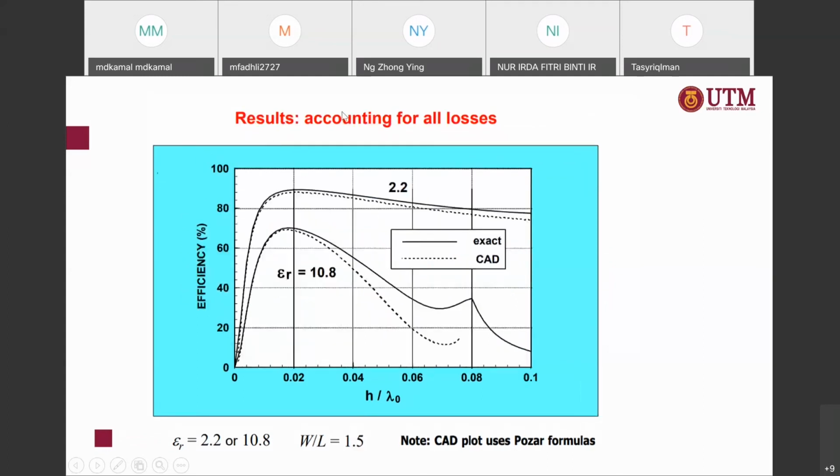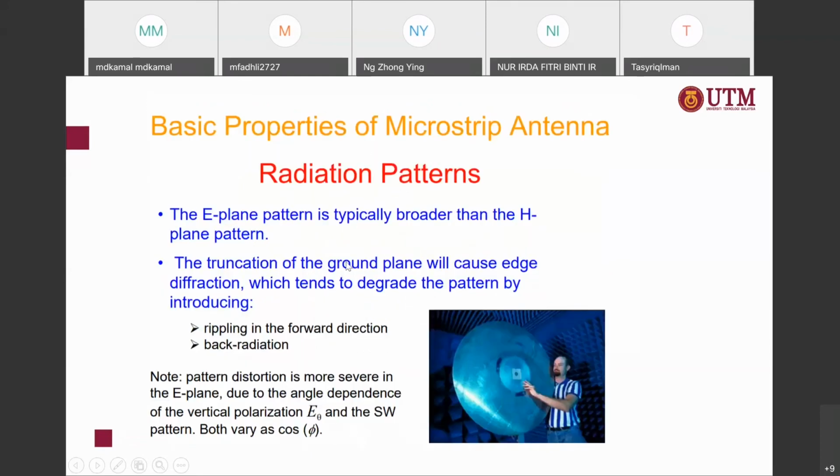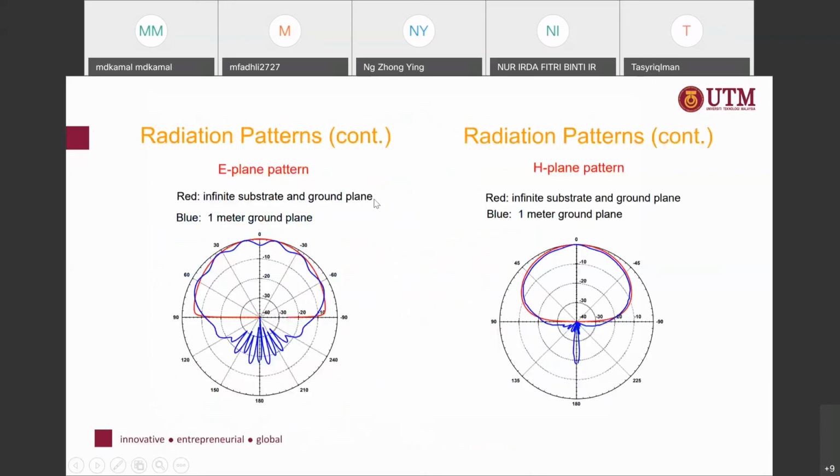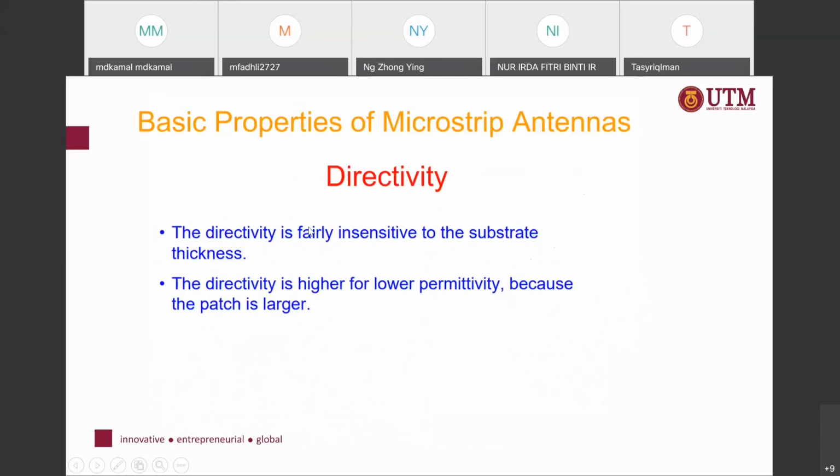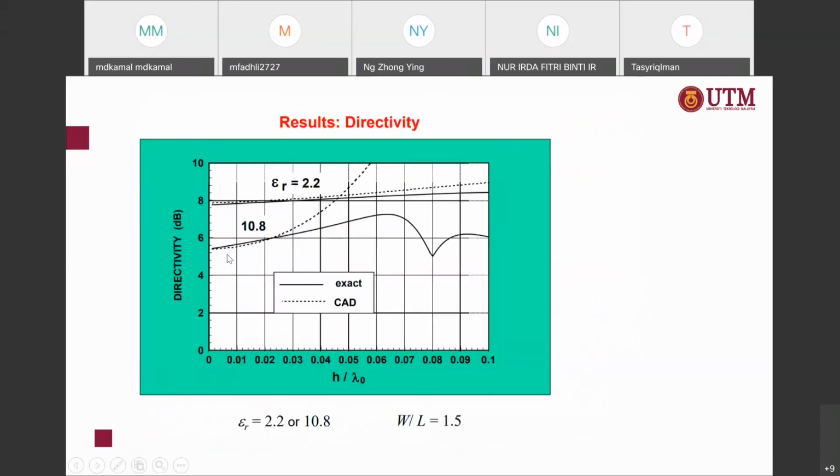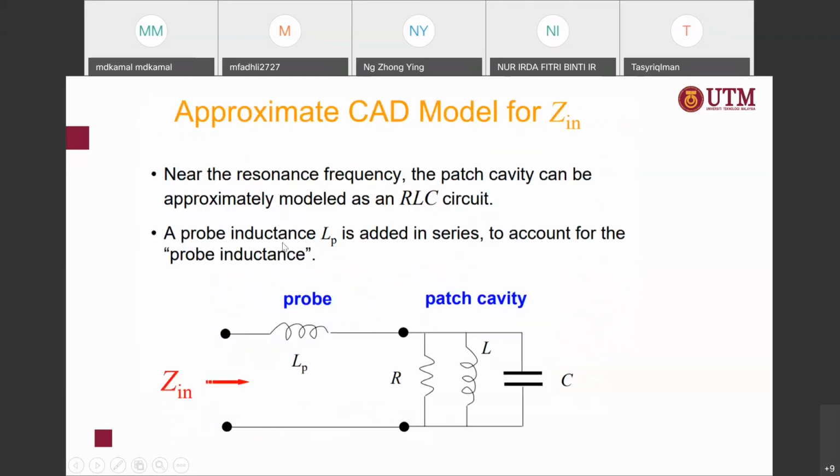You can see, accounting for losses, the properties of the microstrip radiation patterns of this E-plane, how it looks, almost the same as we discussed before. Okay, so directivity, they put in terms of the directivity versus h over lambda naught. And then the model, so this is in terms of the probe model.